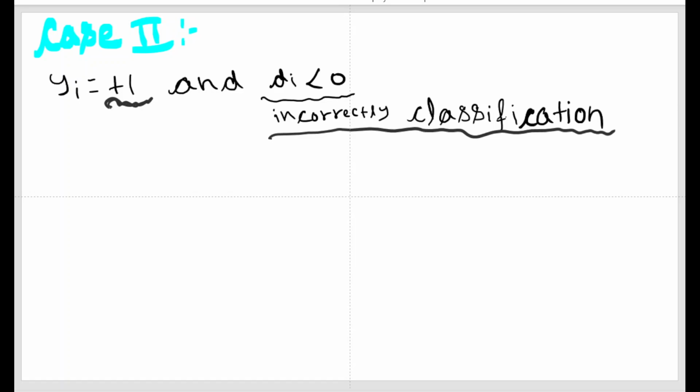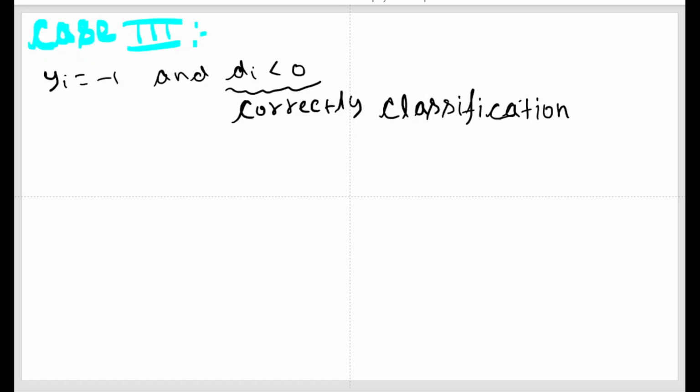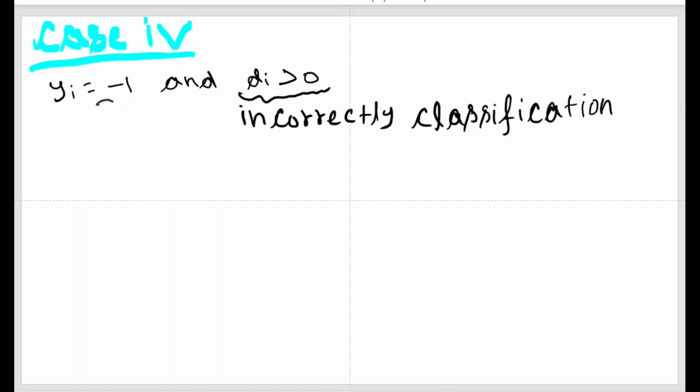Let's see case three: yi equal to minus 1 and di less than 0. Here we are having correct classification of the data. And let's see case 4: yi equal to minus 1 and di greater than 0. Here again, incorrect classification of the data.